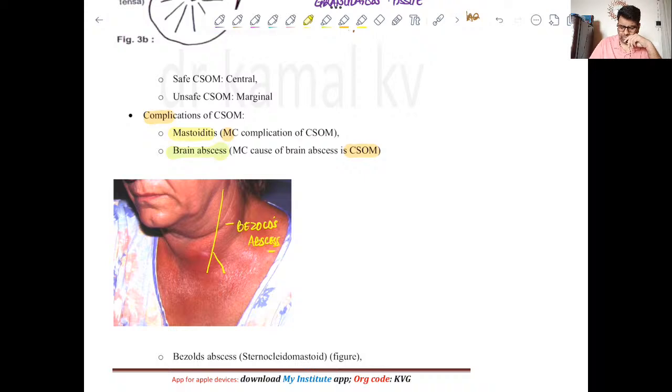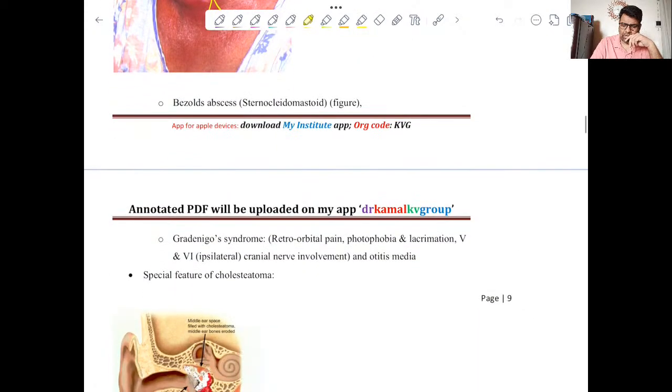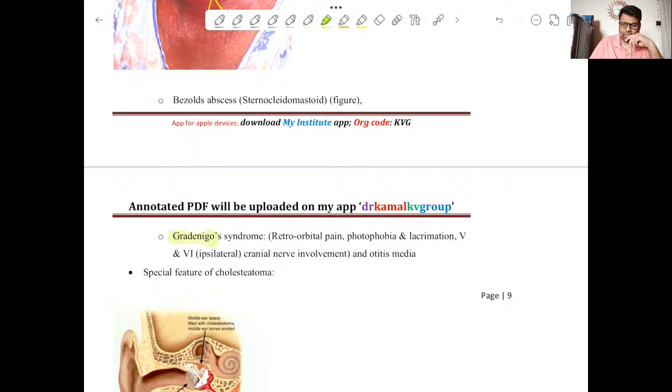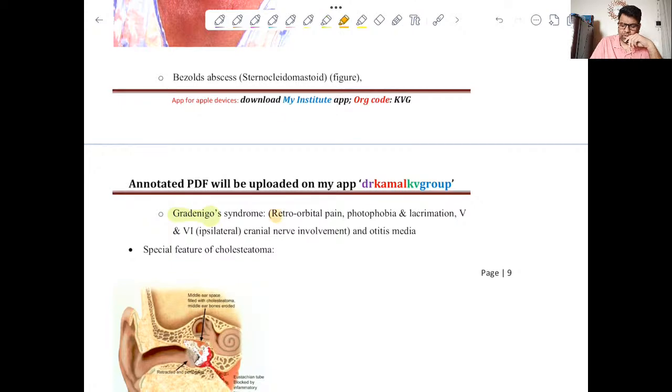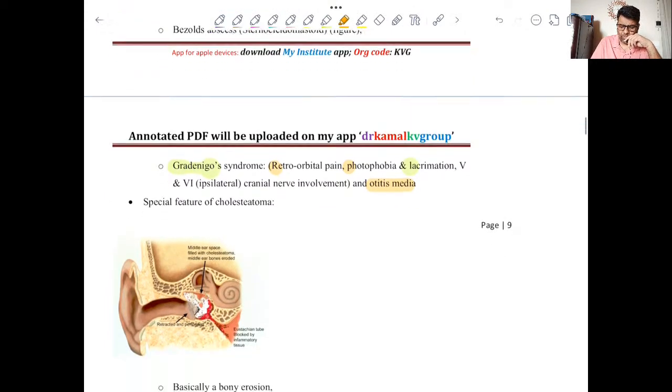Clear? So this is Bezold's abscess. Then there is Gradenigo syndrome in which there is retroorbital pain, photophobia. Retroorbital means behind the eye, photophobia means sensitivity to light, lacrimation. Then fifth and sixth cranial nerve involvement along with CSOM. Right? So this is Gradenigo syndrome.